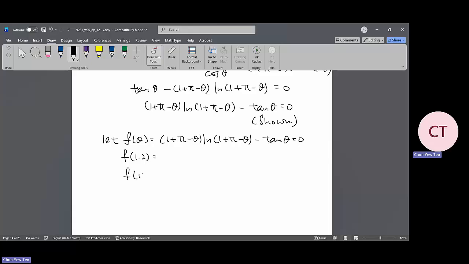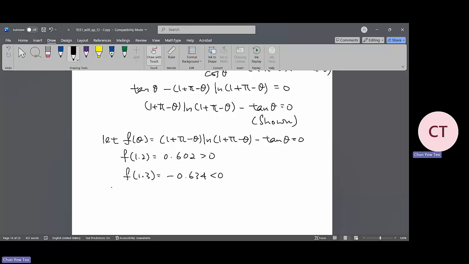Let's substitute them inside. Press the calculator. So you will get positive 0.602. I directly press the calculator, so I am not going to show this anymore. Just directly press the calculator and it's positive. This will give you negative 0.634 and it's negative.